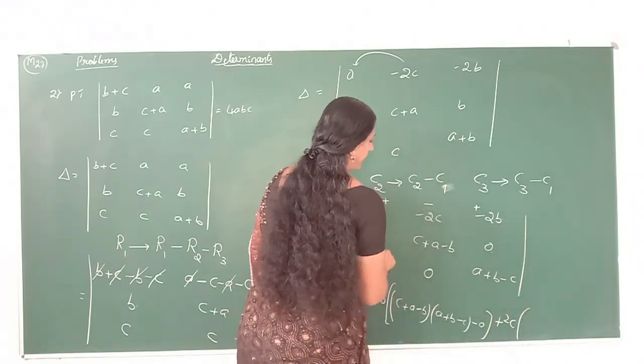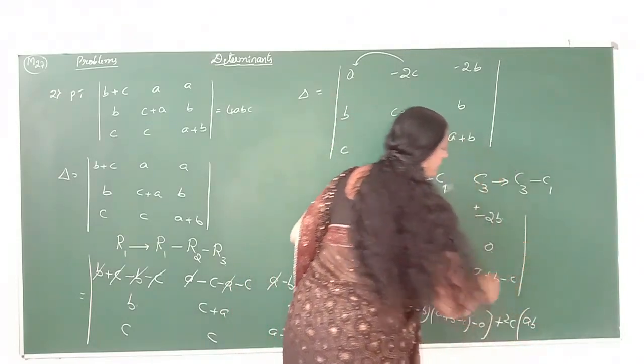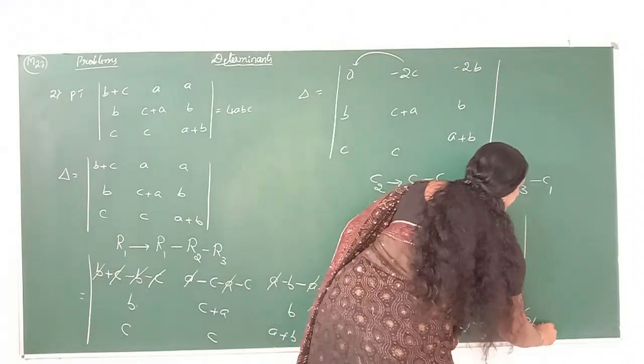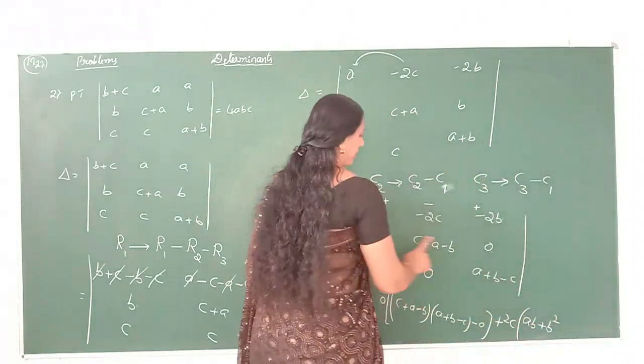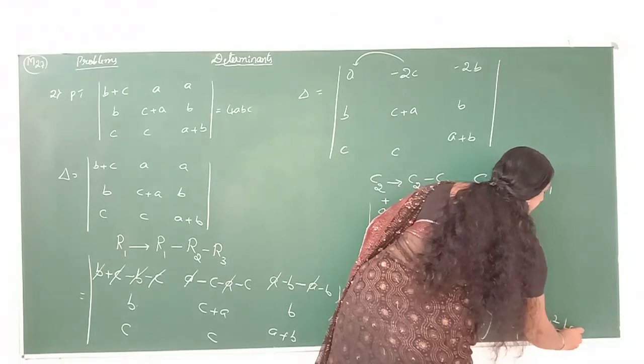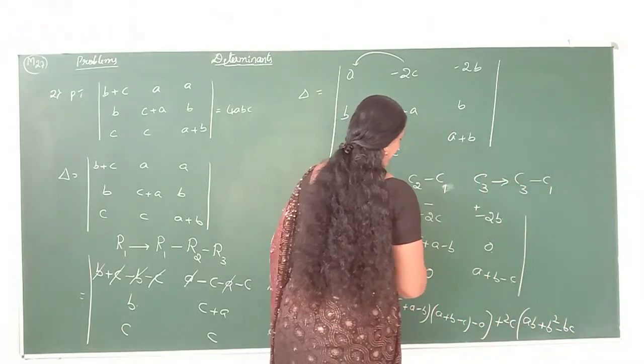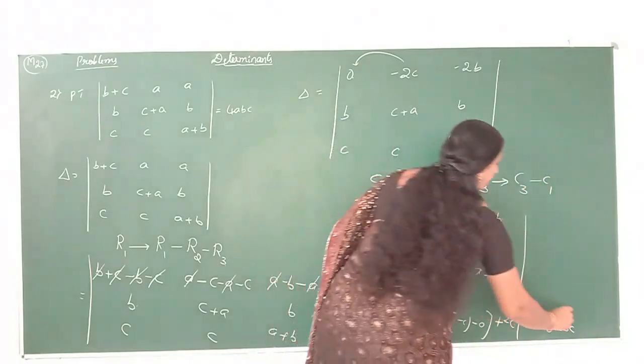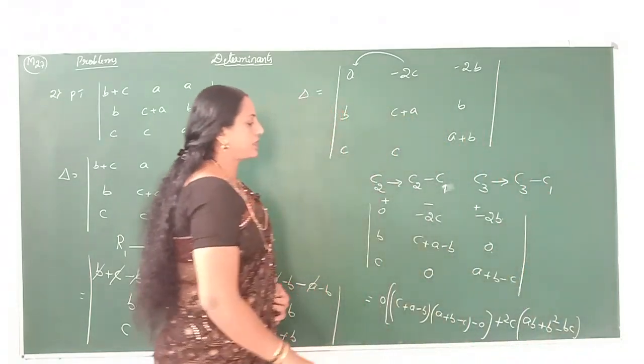B into A is AB, plus B into B is B square, plus B into minus C is minus BC. Again, the right diagonals will be 0.